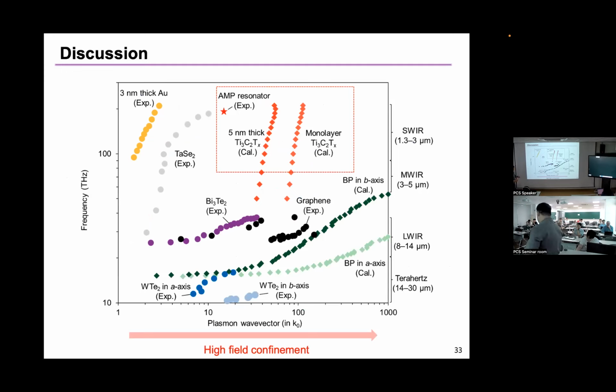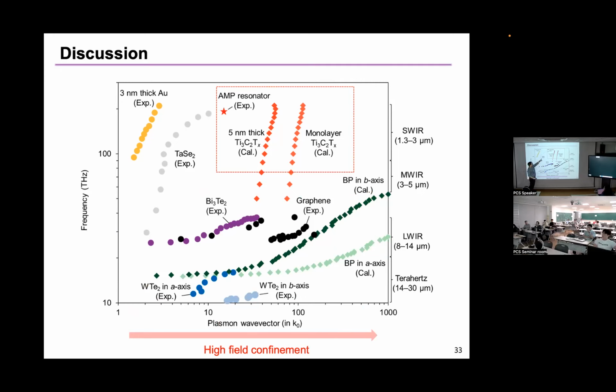Okay, so we clearly find that this is the dispersion. This is the K vector, and this is the wavelength: terahertz, long wave infrared, mid IR, and short wave infrared. Other 2D materials show that the plasma frequency is located in the low frequency region.